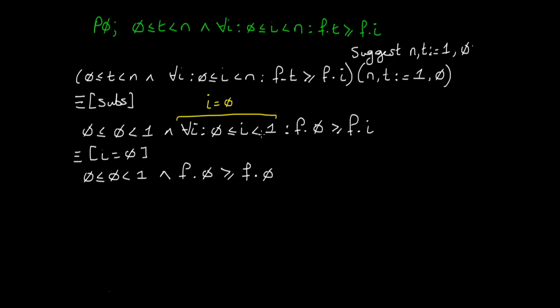Because I is 0, so the only value that I can have is 0, and effectively all of this simplifies down to that simple expression, f dot 0 greater than or equal to f dot 0.